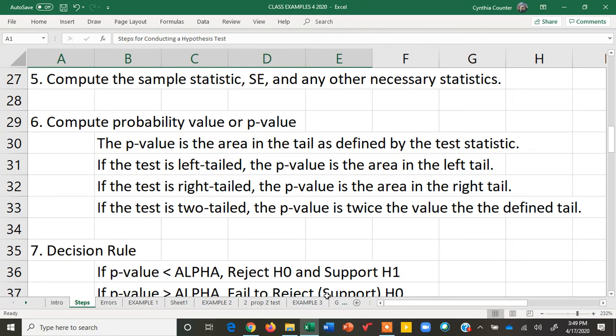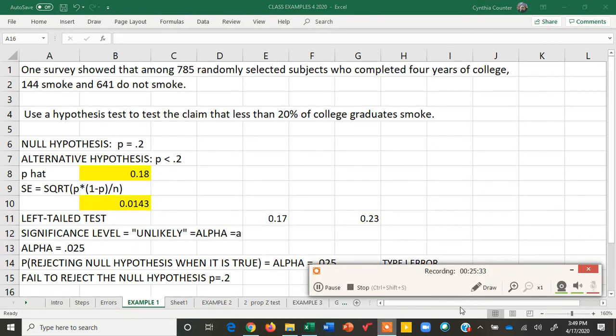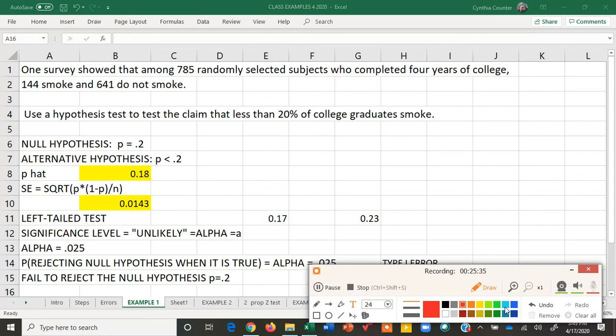What is that? Well, let's go back to our example and let's go back to our curve. So we had the normal curve, middle 95%, bottom 2.5%.